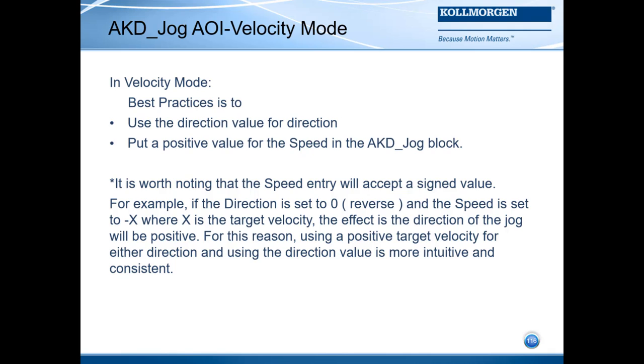Velocity mode best practice is to use the direction value for direction and put a positive value for the speed in the AKD jog block. It is worth noting that the speed entry will accept the assigned value.